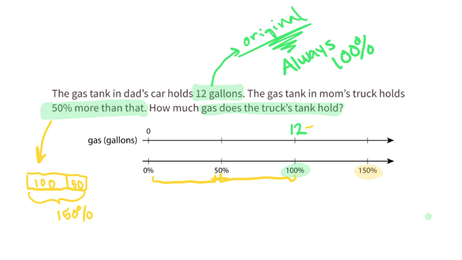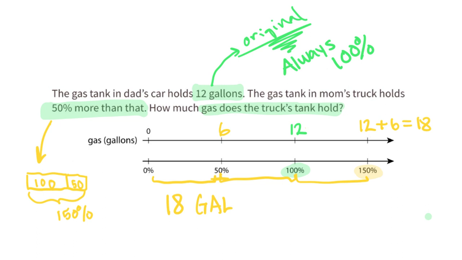So 12 divided by 2 is 6. So every 50%, we increase by 6 units, or 6 gallons in this case. So if we go up one more 50%, we go up 6 more. 12 plus 6 is 18. So that means that Mom's truck holds 18 gallons of gas.